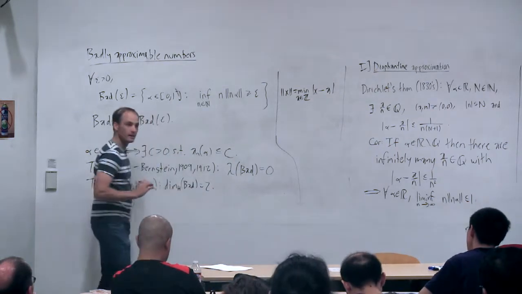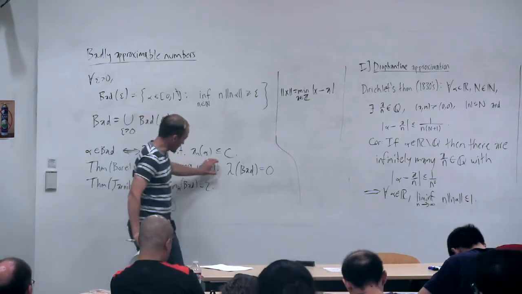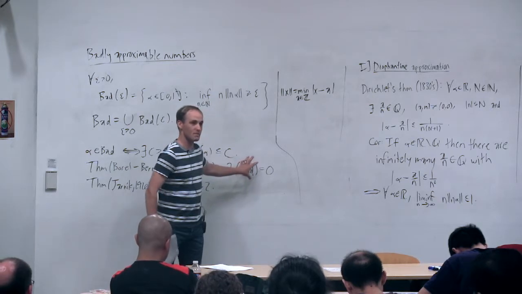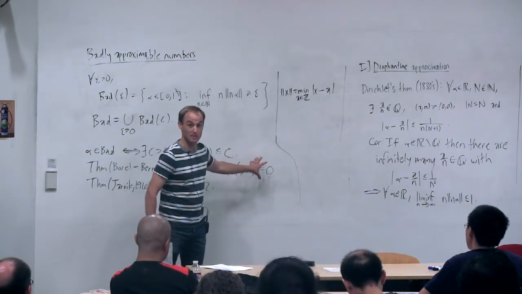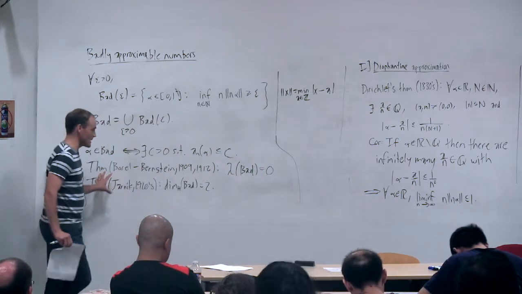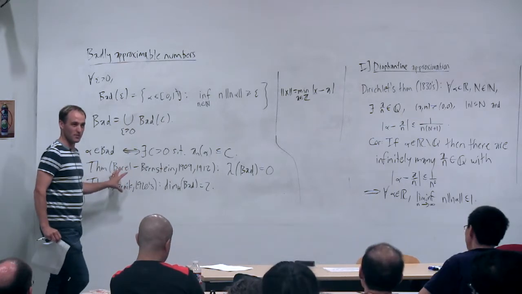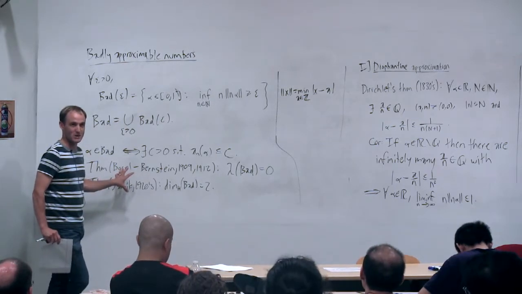So the first result says that if what you care about is Lebesgue measure, then the set of badly approximable numbers is negligible. On the other hand, if what you care about is the Hausdorff dimension of your set, then it's actually a very thick set. It's sort of the next best thing to having a set of positive measure.